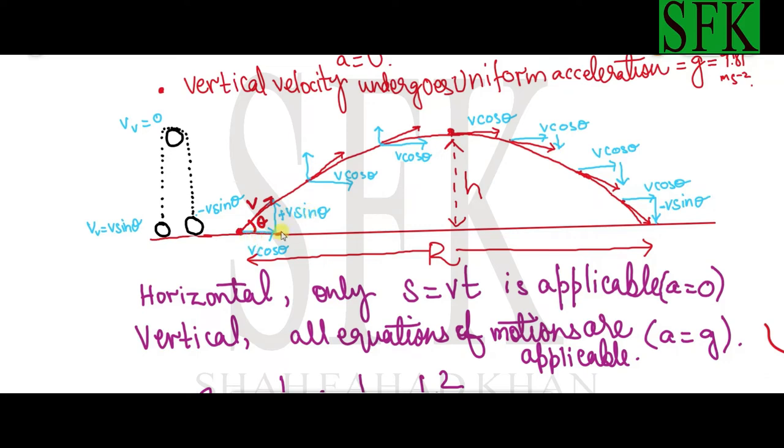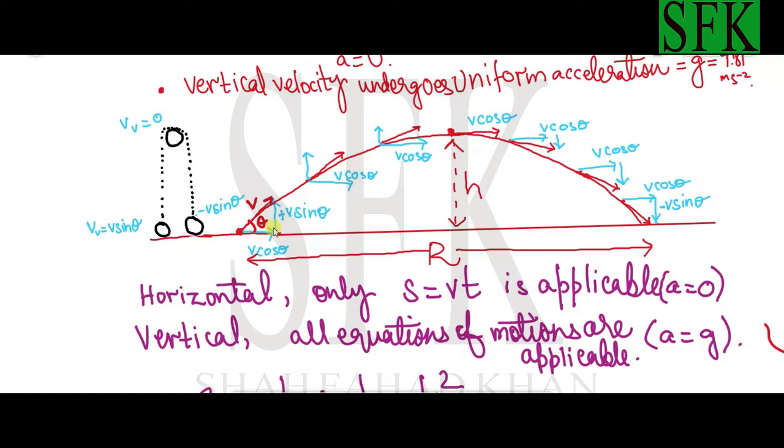The horizontal component will remain constant throughout the motion. So v cos theta, v cos theta, at every point the horizontal component will have the same value of v cos theta. The magnitude does not change.